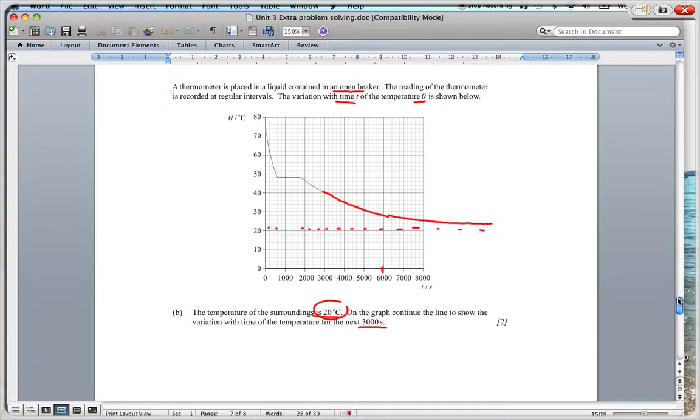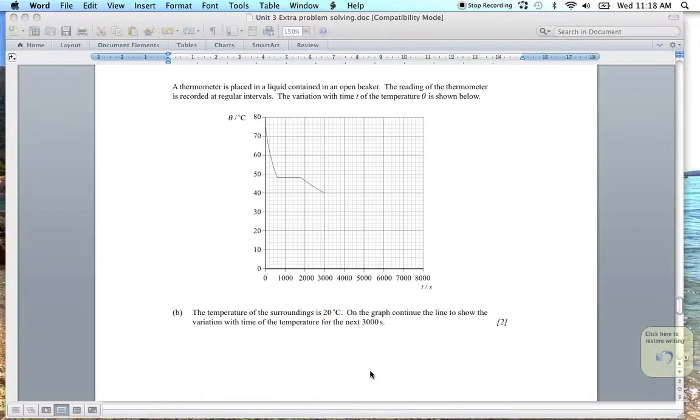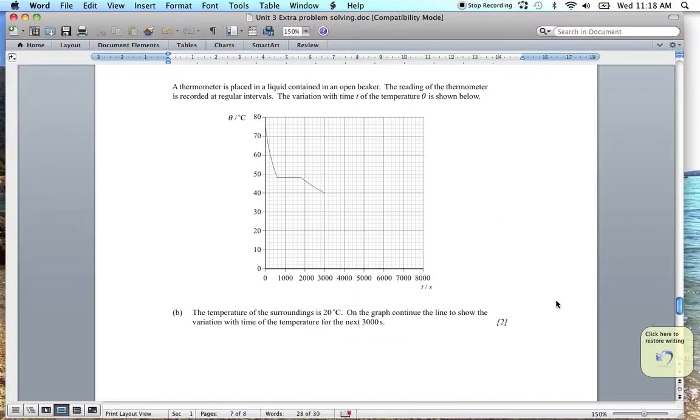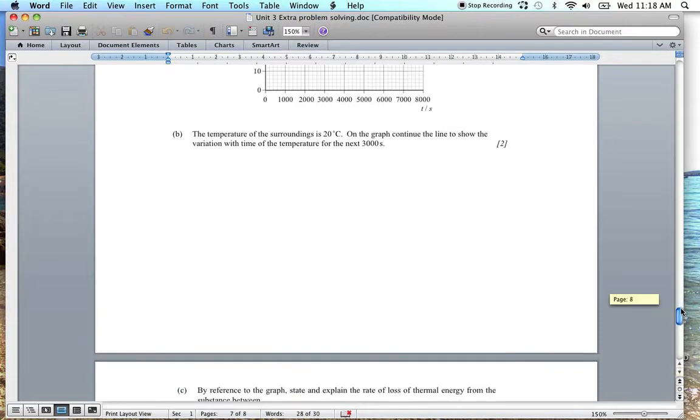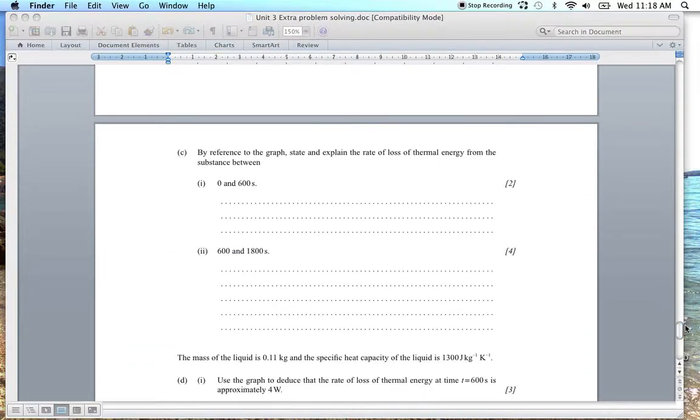It would never actually reach that 20 degrees. It would be a curve that becomes flatter and flatter as you go through. This needs to not be disjointed, needs to just continue on with that curve. And you would have got 2 marks for that. I hope that's reasonably clear. If you need some help, I'll actually help you draw it on your graph or on a different one.